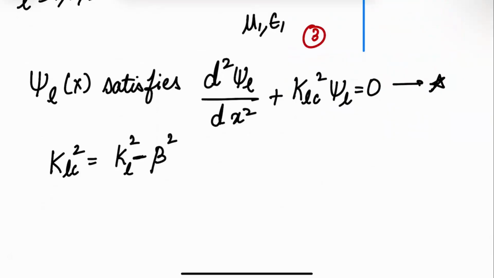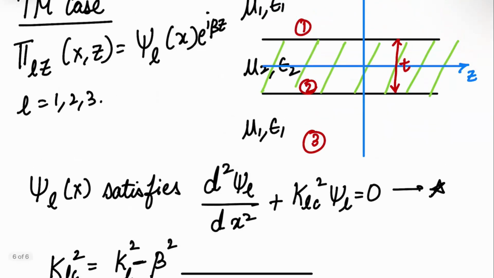Okay, so now you may say, okay, why did I write beta square and not beta L square? We don't need the subscript L because beta is the wave or the phase propagation along the z direction. And if you recall earlier, we said that when I have a medium, there is this phase matching condition, which ensures that the phase propagation along the boundary must be the same in both regions, on both sides of the boundary. Right?